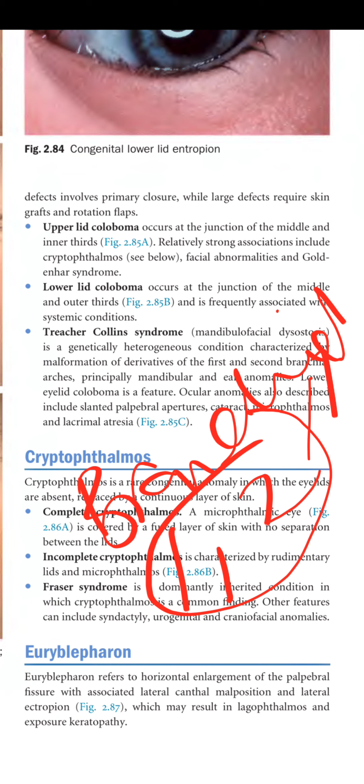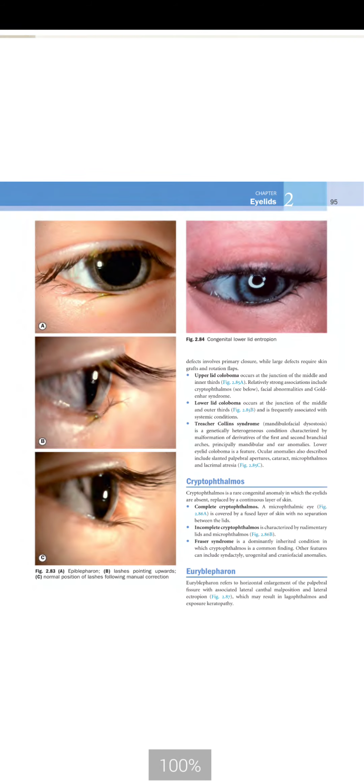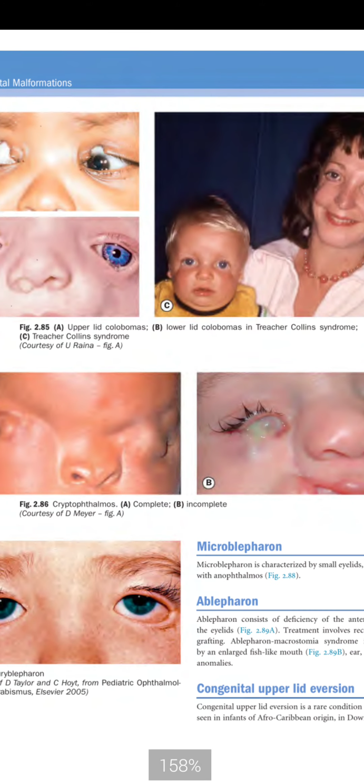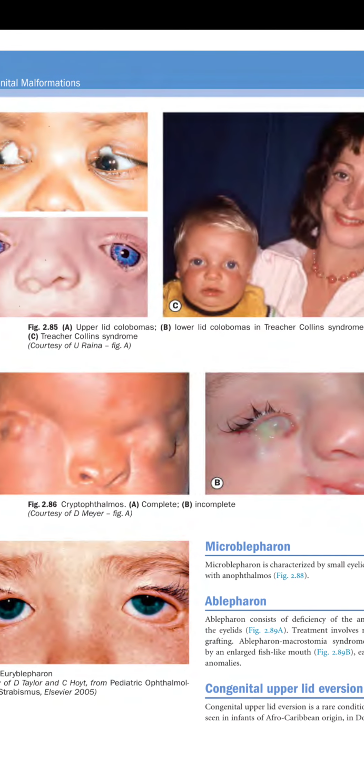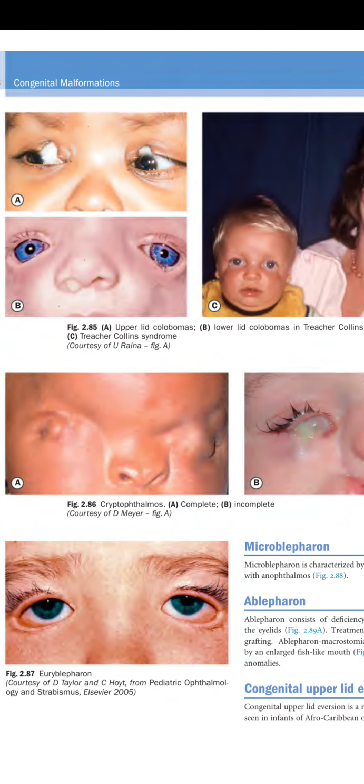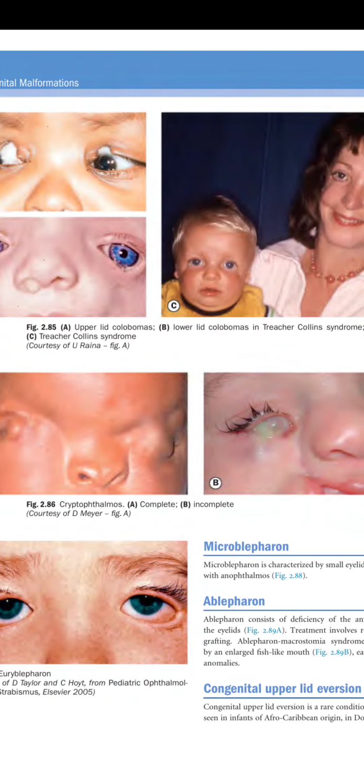But in the eye, it includes lower eyelid coloboma, slanting palpebral aperture, cataract, microphthalmos, and lacrimal atresia. So you can see figure 2.85, showing the upper lid coloboma, which is at the inner third and the medial third, and the lower lid colobomas in Treacher Collins syndrome. C is showing the Treacher Collins syndrome. There are mandibular and ear anomalies in this.